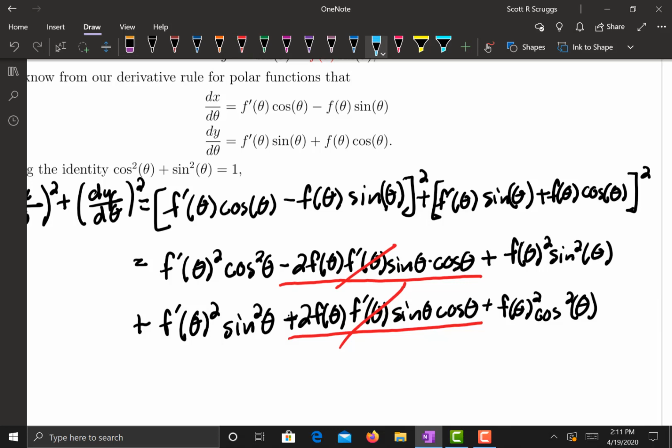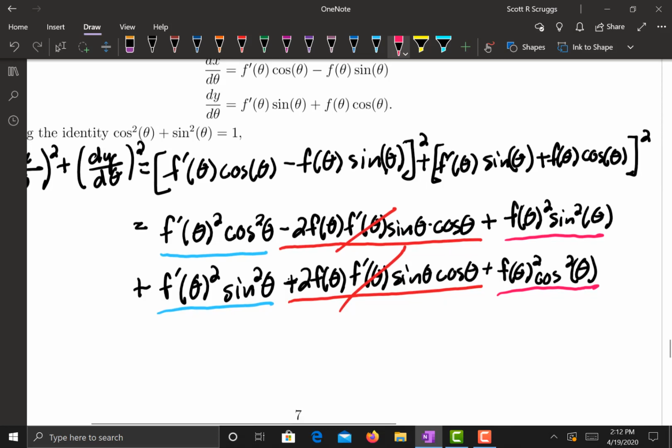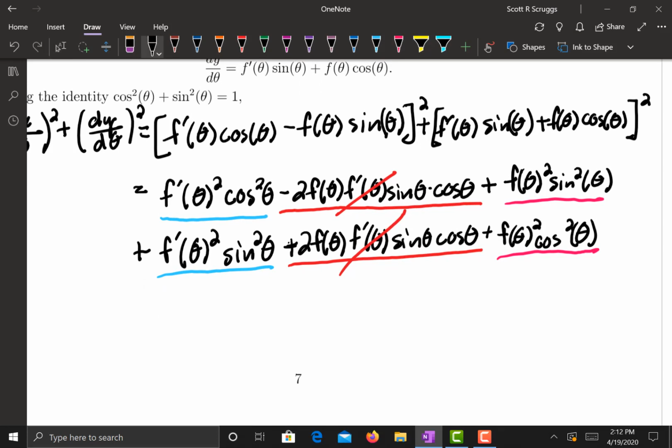Here's going to be my next step in the next line. For the two things that I underlined in blue, they both share a common factor of the first derivative of f squared. So I'm going to group those together. And likewise, because the two that I underlined in pink share a common factor of the function f squared, I'm going to group those together and factor out the f of theta.